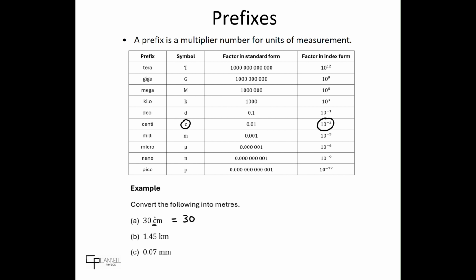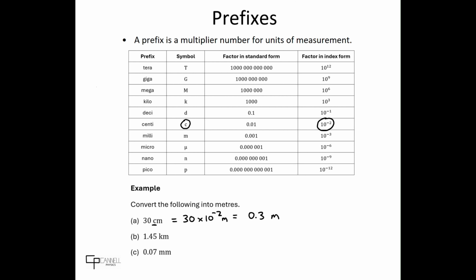But instead of writing centi, c, I write times 10 to the negative 2. It's as simple as that. You're literally just copying the table, but you must always multiply by that factor. And putting this in my calculator, I get 0.3 meters. Sorry, I don't want to be incomplete there. Meters there as well.